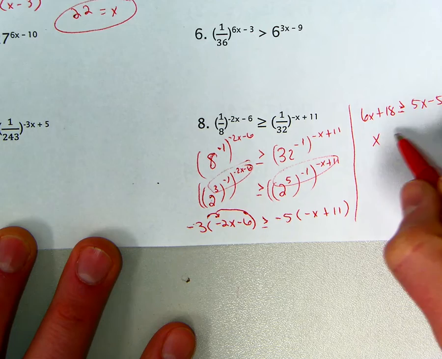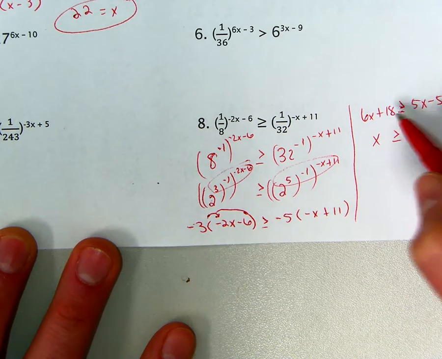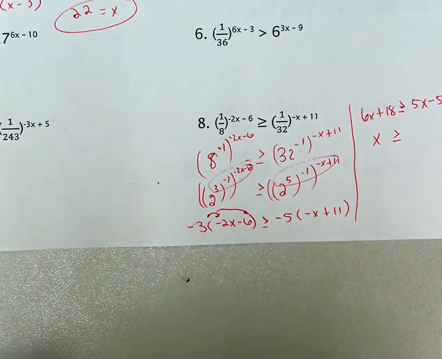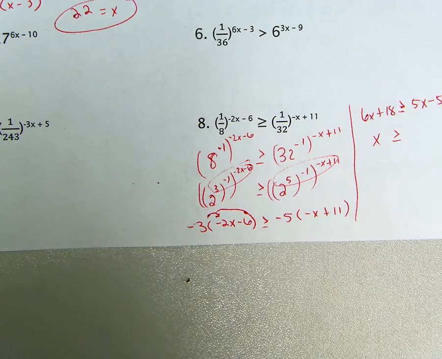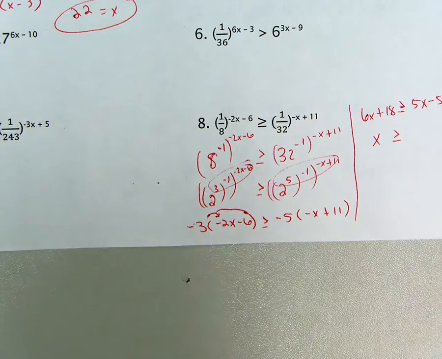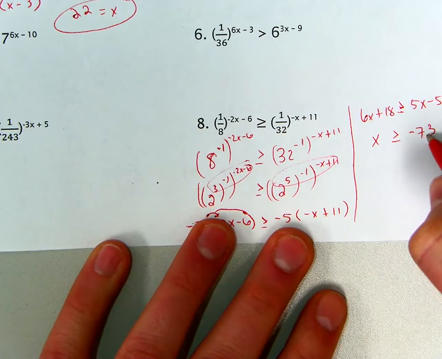So you'll have x on this side is greater than or equal to, because I'm subtracting 5x over. And then when you subtract 18 from negative 55, minus 18, you get negative 73.